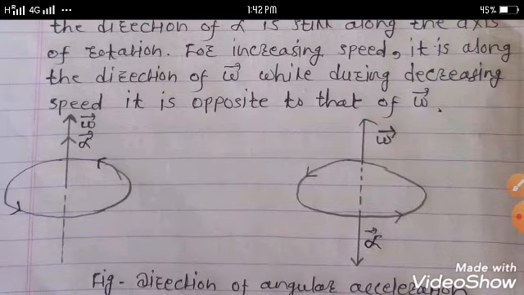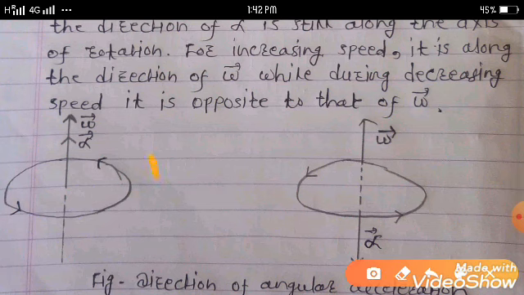See this diagram. Here for increasing speed, alpha and omega are both in the same direction. For decreasing speed, the direction of omega and the direction of alpha are opposite to each other.